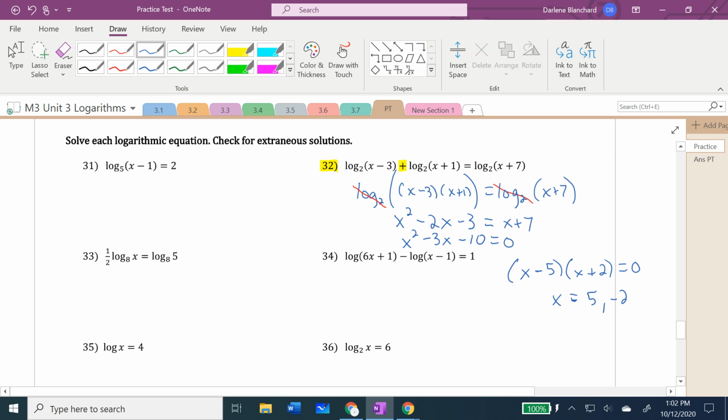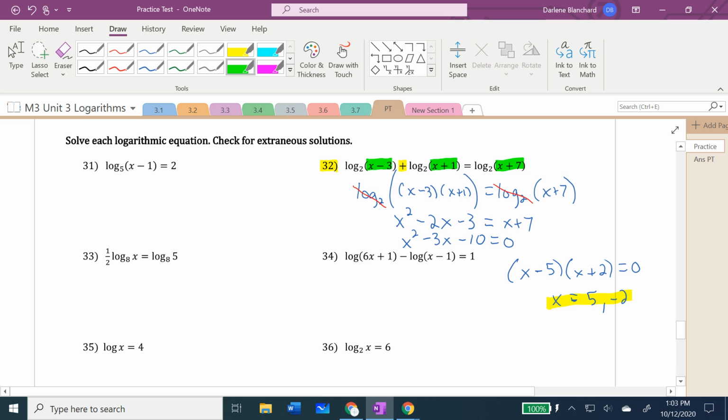But with the logarithms, do you remember that you have to check? I don't need to see that you're checking, but if it doesn't work, I need you to cross it off the list. And the check is, you go to the original problem and look at each of the insides of the original logarithms.